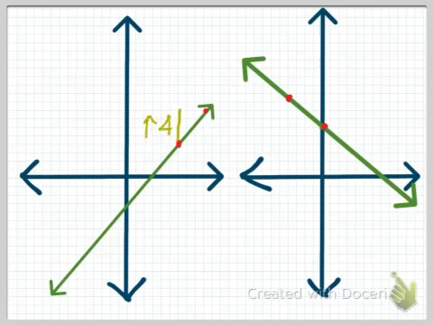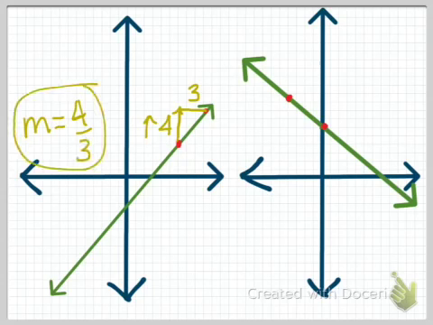We went up 4. So the slope of this line has a +4 rise. And then we're going to run 3 to get to the second point. So the slope of this line is +4/3. And remember, we can tell that it's positive because the line is going up.